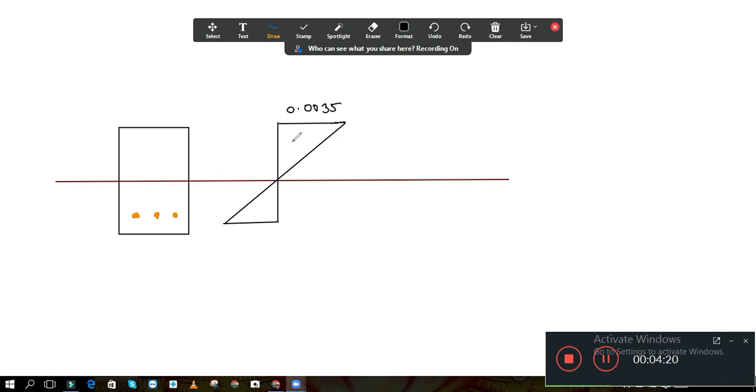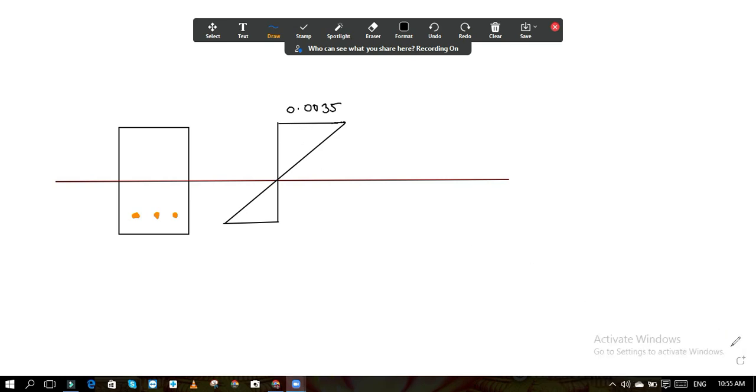And what is the maximum tensile strain? As you know, to calculate the strain, strain is nothing but stress upon Young's modulus. So what is the stress in steel at this level? The strain is 0.87 Fy divided by Es, where Es is the Young's modulus of steel, plus 0.002.